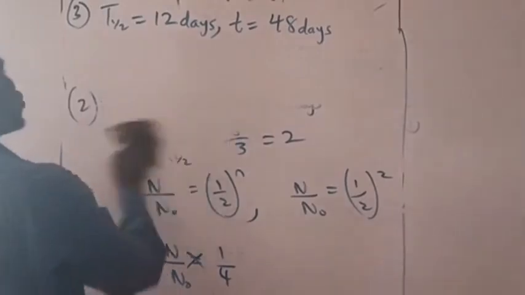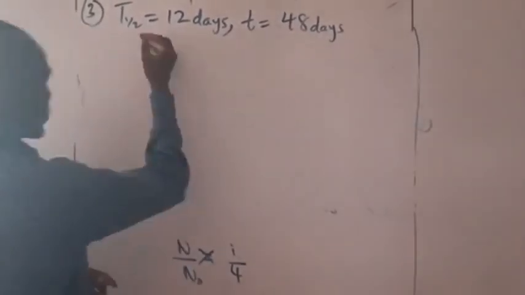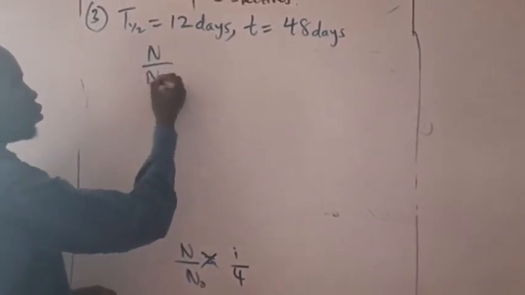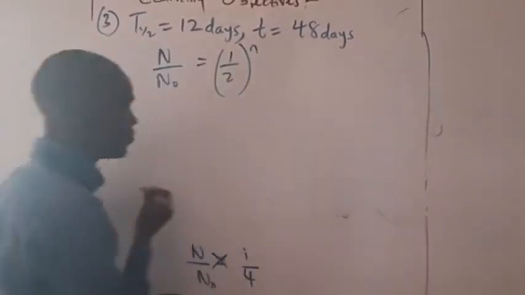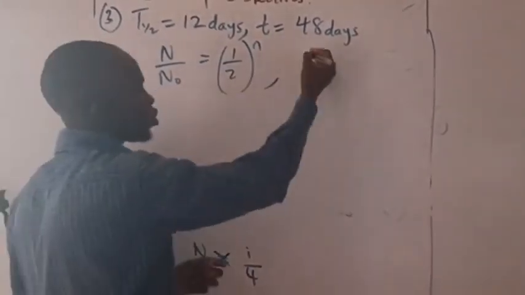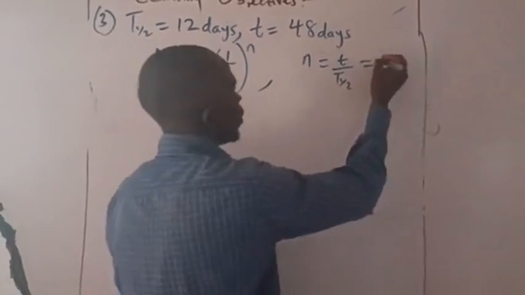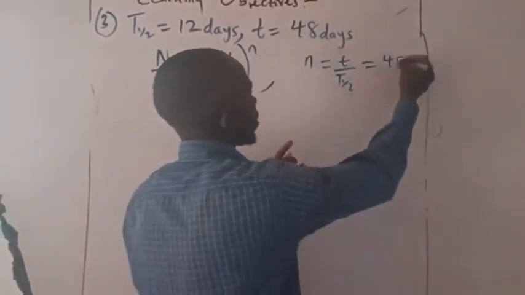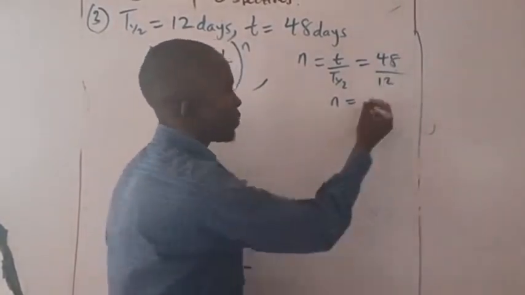We are still going to make use of the second formula, which is N over N0 equals 1 over 2 all raised to power n. So let us look for our small letter n, which is t over half-life, which is 48 over 12. So our small letter n is 4.